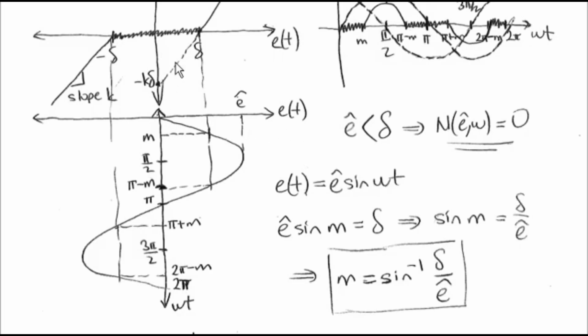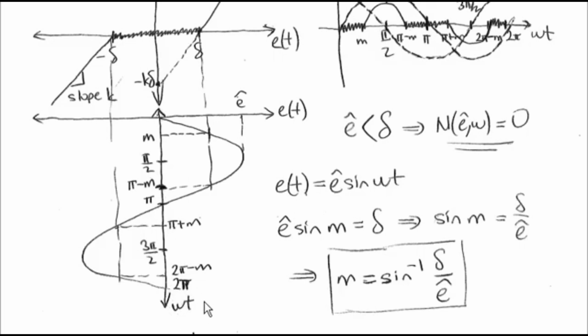When we take E hat larger than delta, the point where the input sine is leaving the dead zone of the nonlinearity becomes important. What is the angle m here? Remember that this axis represents omega t.